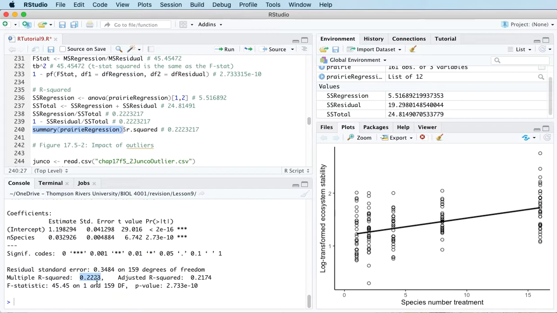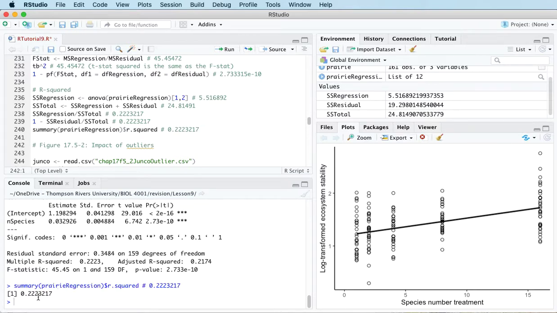And if we want to pick off that particular value, we can just use this code here, and that tells us the actual value. So I've shown you how to calculate the value of r squared, and then I've just shown you how to obtain the value of r squared if you don't want to go through all the hand calculations.